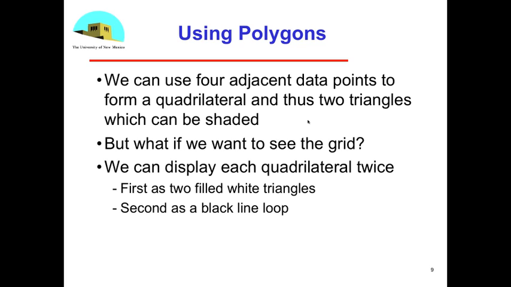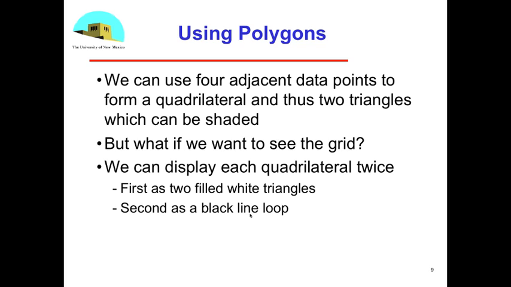Well, now I don't want to go back to what I just had, so let me argue this. What if for each little quadrilateral that I formed, 4 adjacent points, I display it twice. First, I'm going to fill it as 2 white triangles. So behind it, there's going to be a white triangle. I take 2 renderings, and then I do a black line loop using the same 4 points that go on top of it.